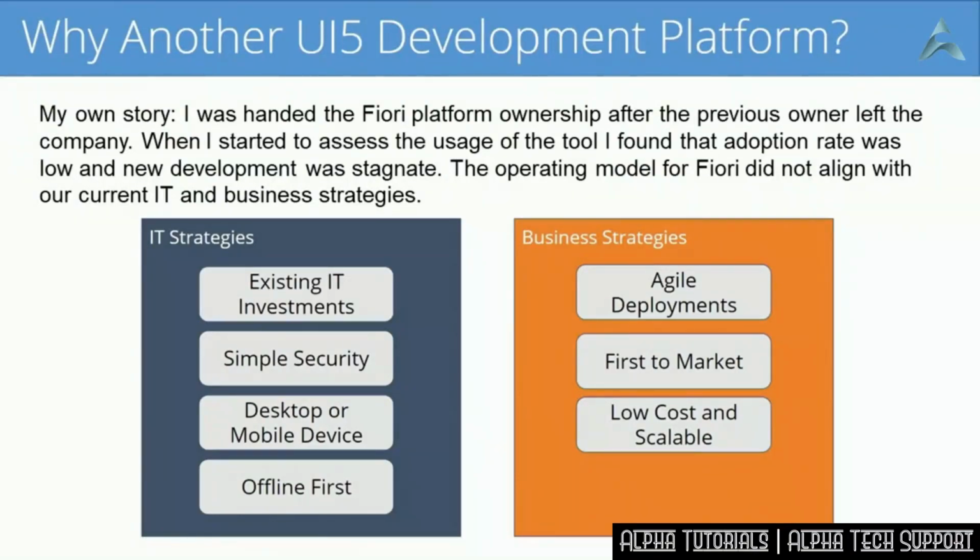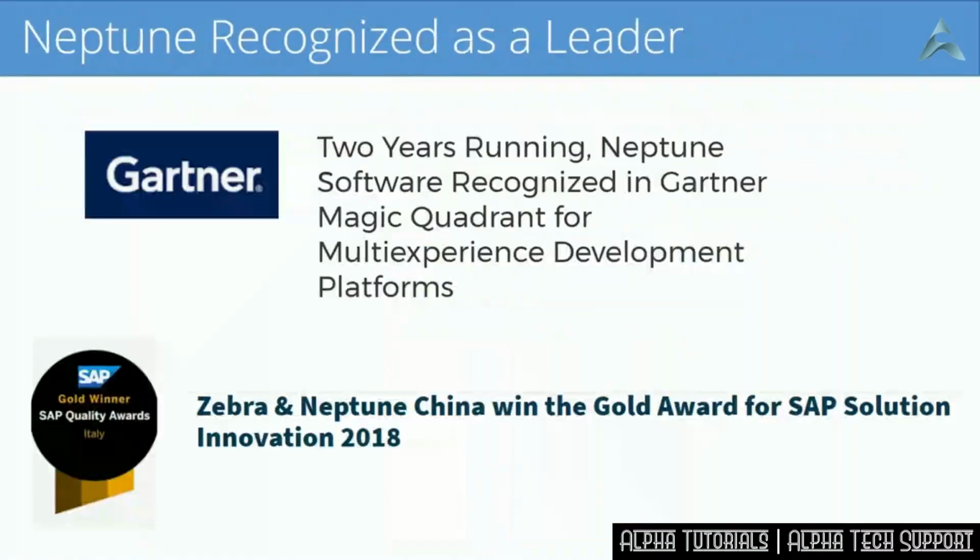So, hopefully I've whetted your appetite on how you can build a business case for a rapid application development platform like Neptune Software with your business. Neptune, I'll tell you, is quickly becoming recognized as a leader in the multi-experience development platform area.